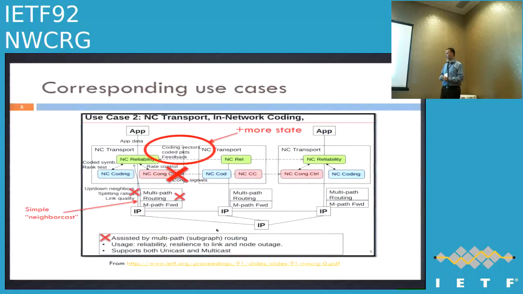The difference is that we are using a simpler model. We don't have network congestion, we don't have information about the topology, so we don't have multipath routing or splitting ratio, and we just need a little more state to exchange for the NC reliability, but we feel we are matching the use case. Are you going to highlight the extra state, I guess? Yes. Okay.